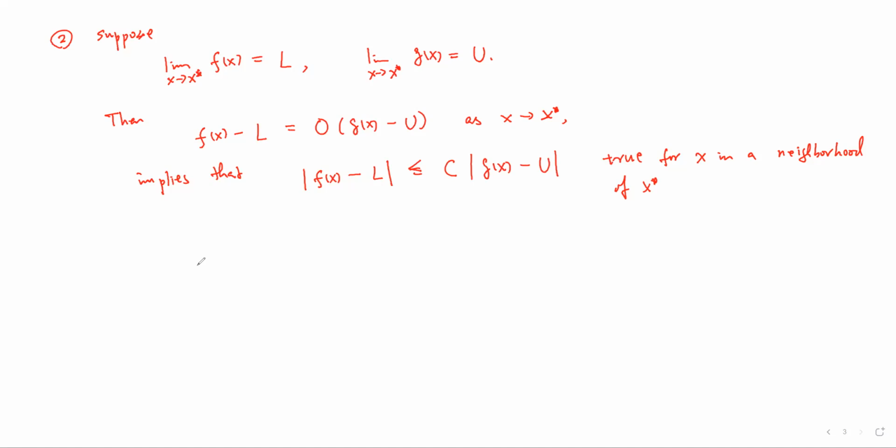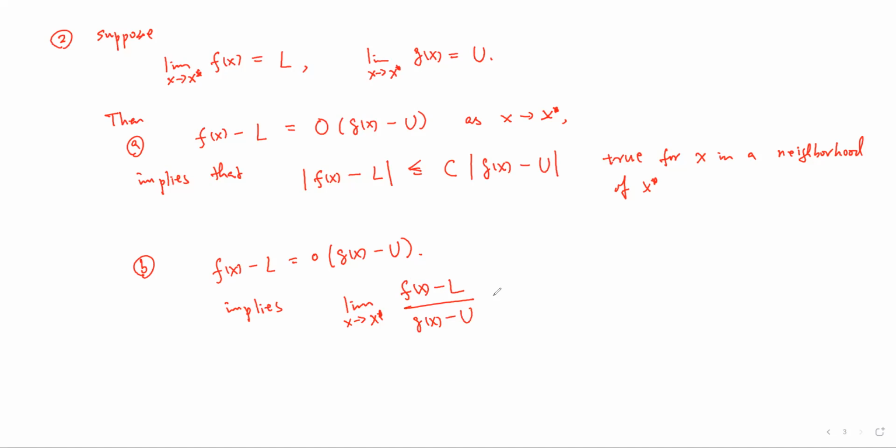Now, the little o relation. This implies that the limit as x approaches x star of f of x minus L over g of x minus u is 0. f is approaching L, g is approaching u, but their ratio approaches 0.